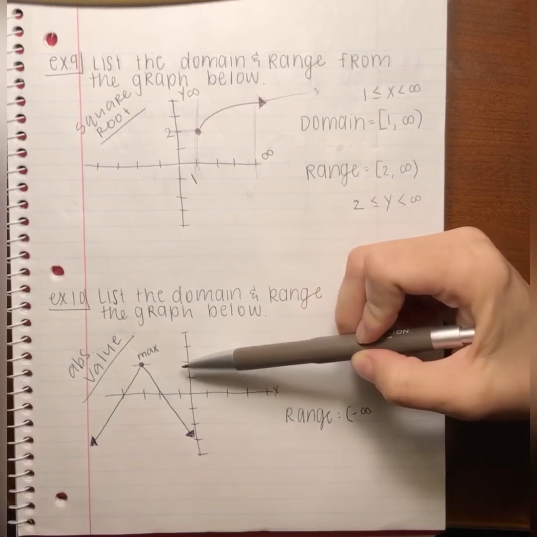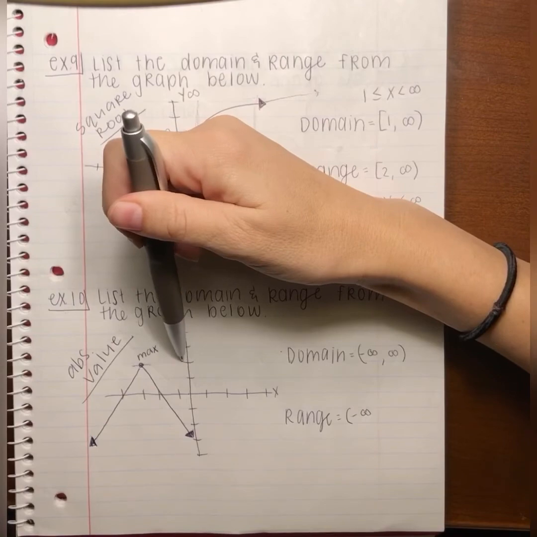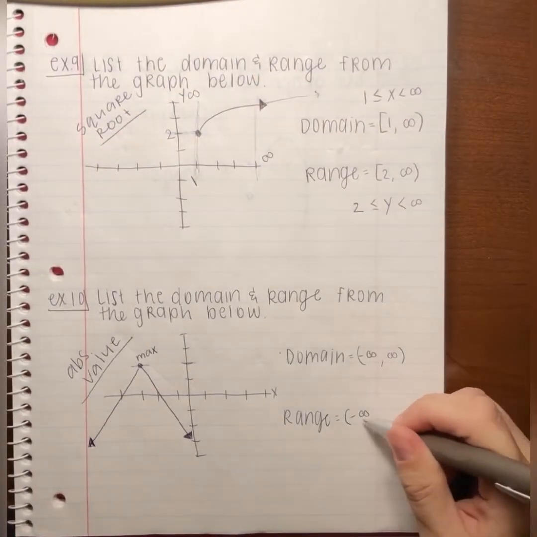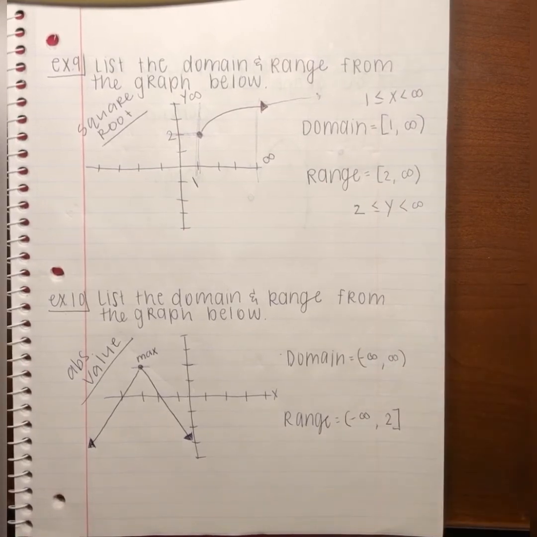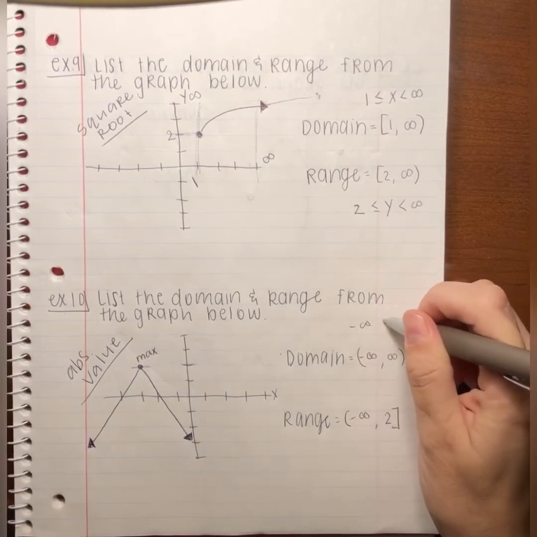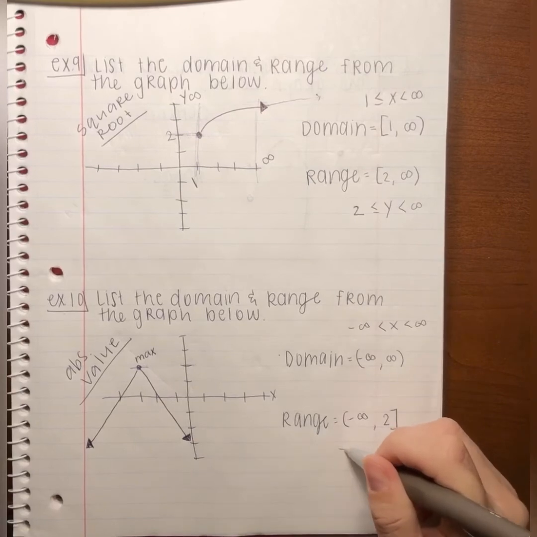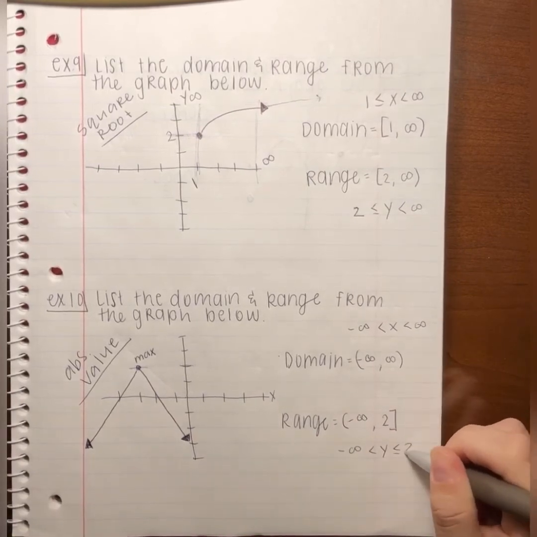It stops here at 2. The highest this goes would have a y value of 2. So our range would go from negative infinity up to 2, and once again, we can always write these the other way as well. So negative infinity is less than y, which is less than or equal to 2.